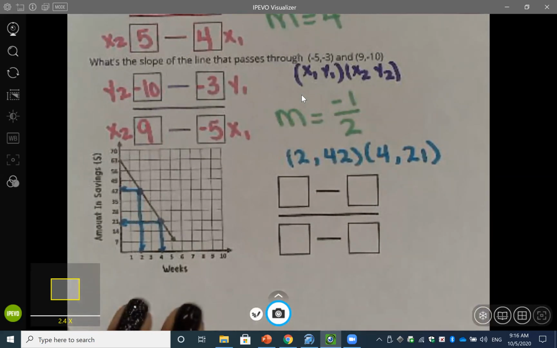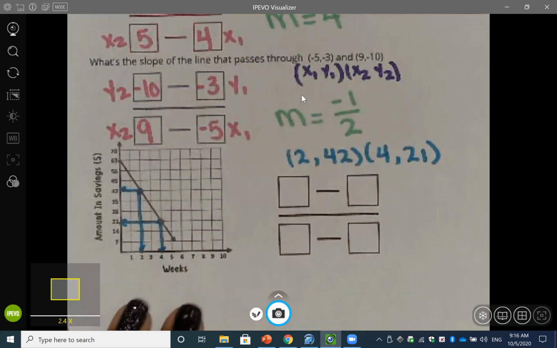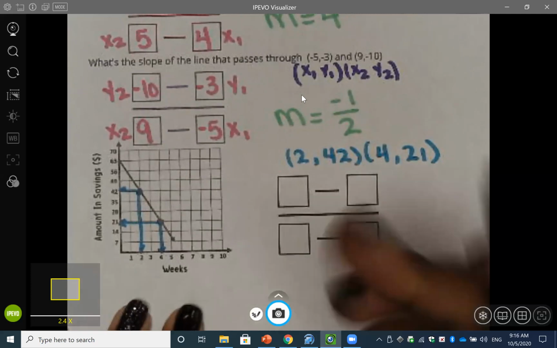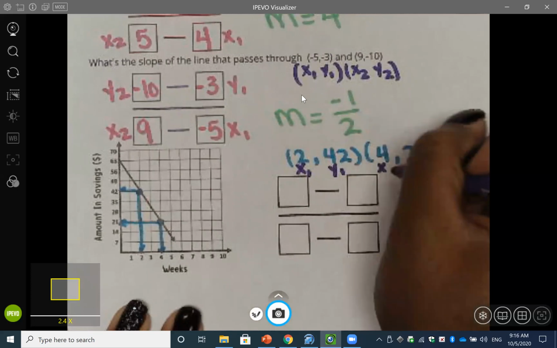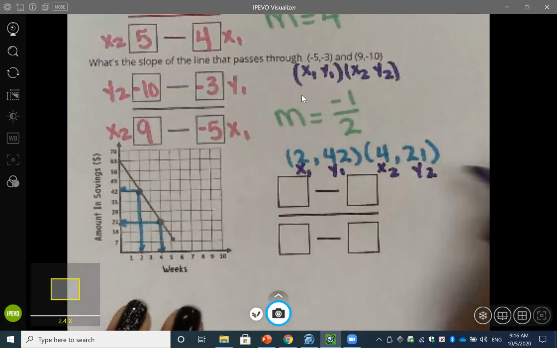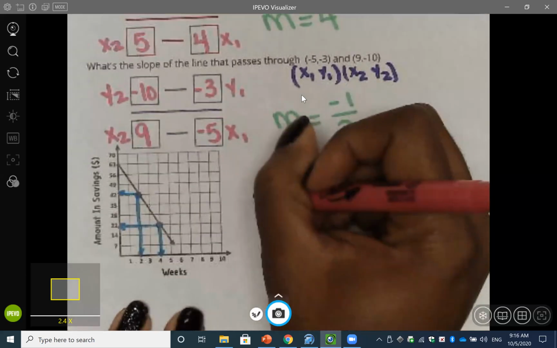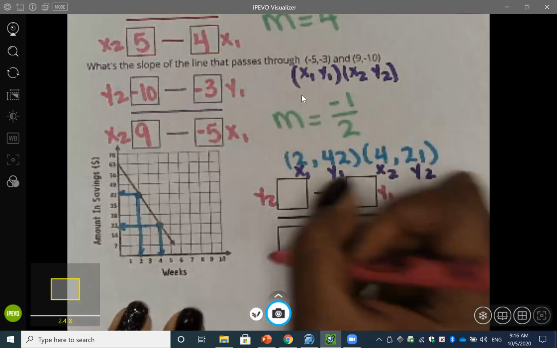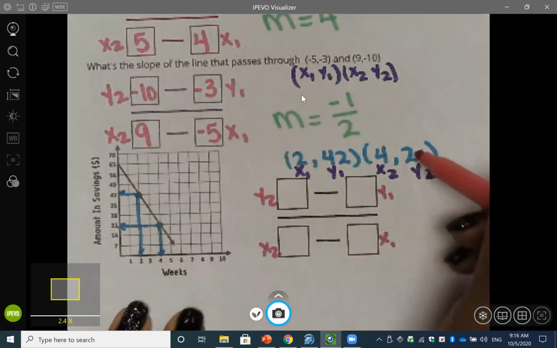Now that I have my 2 points, I'm doing the same exact thing that I was doing up here. I'm going to label my points. So this is my X1, Y1, X2, Y2. I'm going to plug in. So this is my Y2 and my Y1, my X2 and my X1. Y2 is 21.